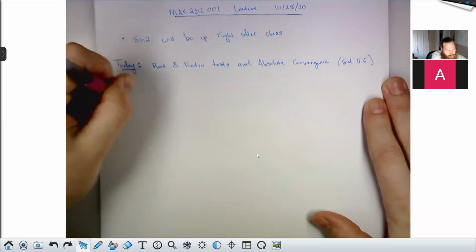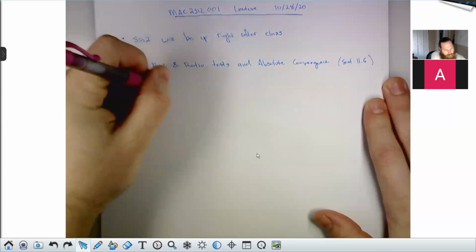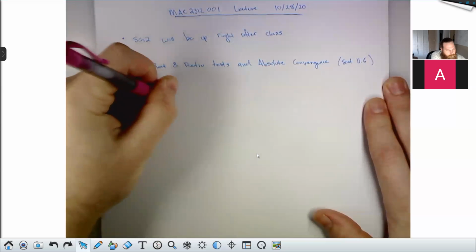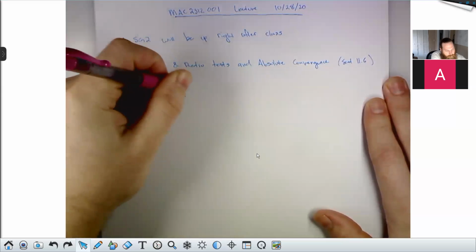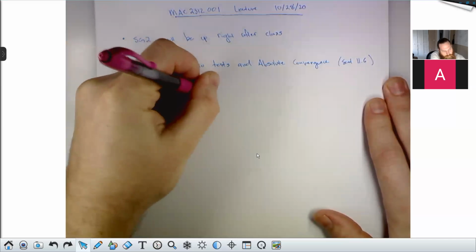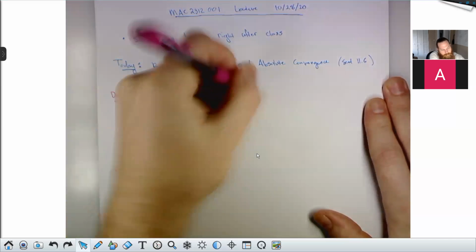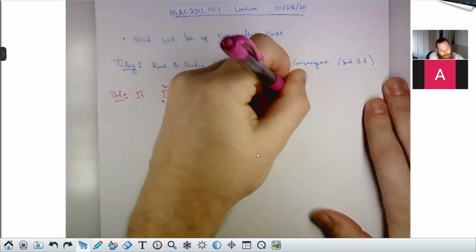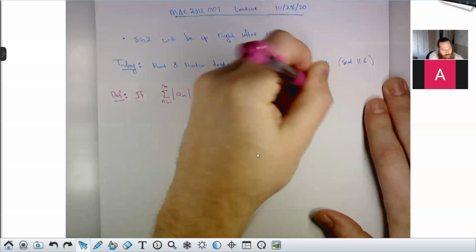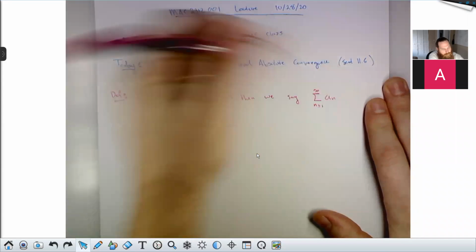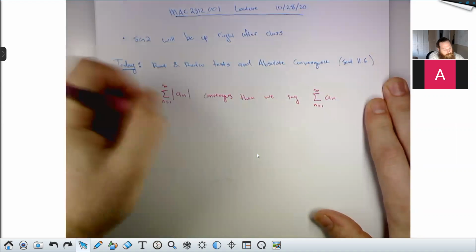So if the sum from n equals 1 or wherever to infinity of the absolute value of a_n converges, then we say that the series without the absolute values converges absolutely.